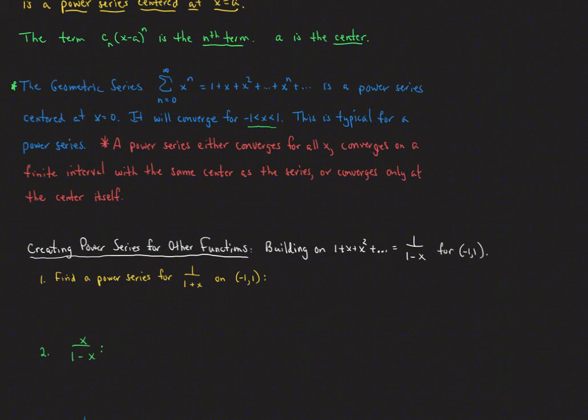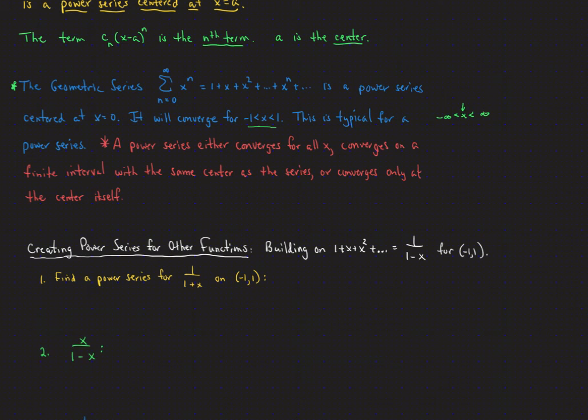That is, a power series is either going to converge for all x, so we would say it's going to converge for negative infinity less than x less than infinity. We'll think of that as centered at wherever we want it to be, whatever the a is. Or it could converge at some interval centered at the a.